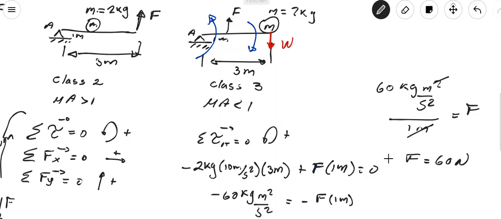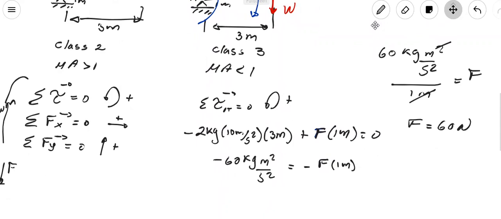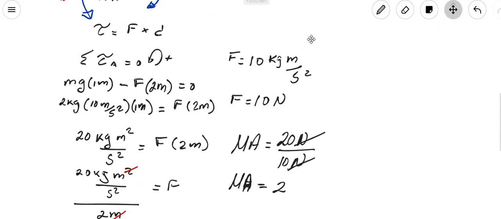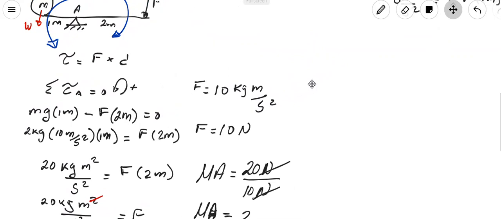So if I want to lift this object that has 2 kilograms, so we're talking about 20 newtons, I need a force of 60 newtons. What we said about the mechanical advantage in the previous case is that I divide the weight of the object by the force I have to apply.